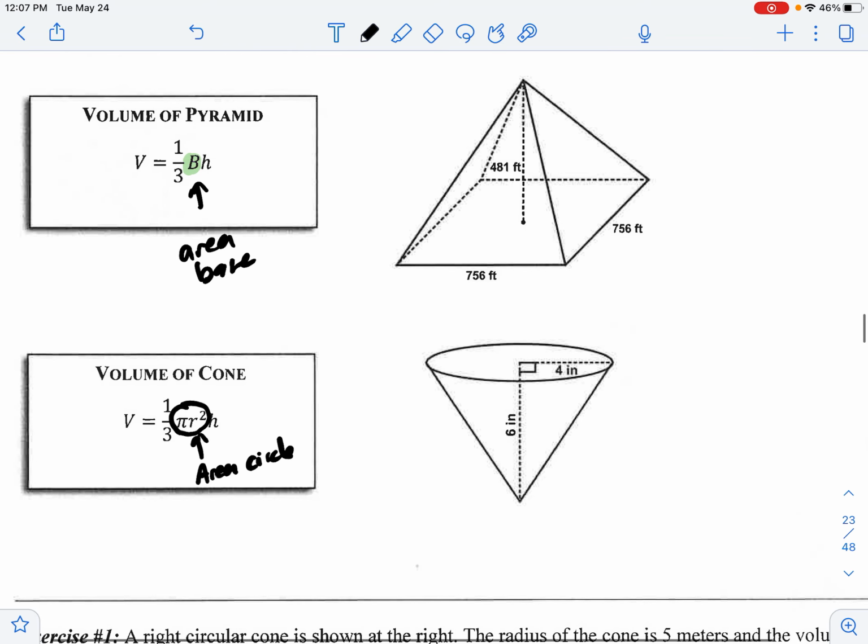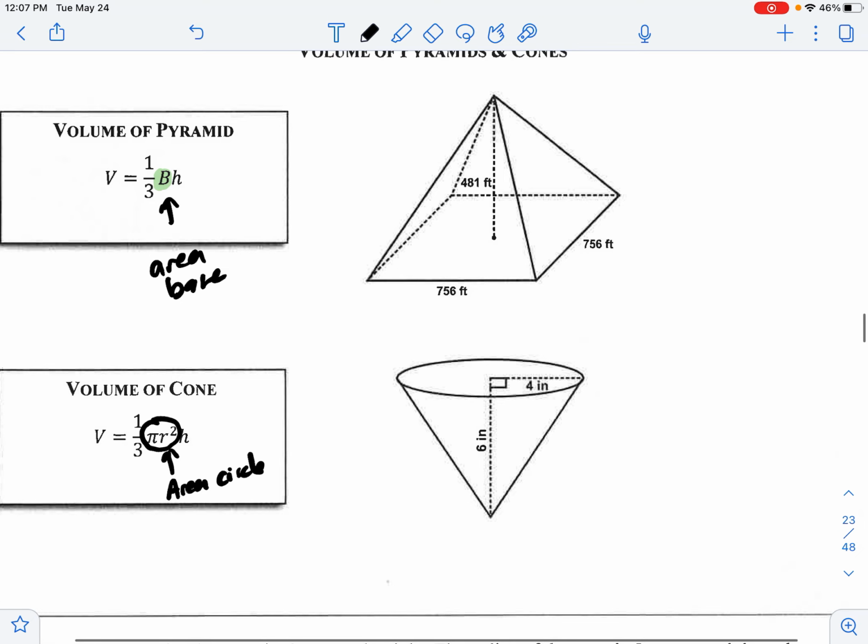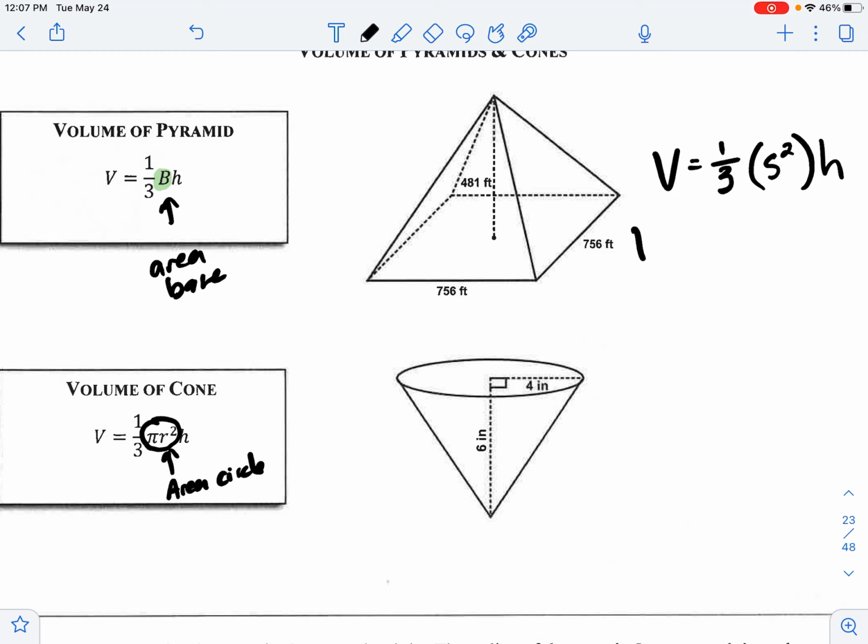All right, so if we look at these basic examples here, we have a square pyramid because the base is a square. So the volume is going to be 1/3. The base is a square, so side squared times the height. So volume is 1/3 times 756 squared times 481.